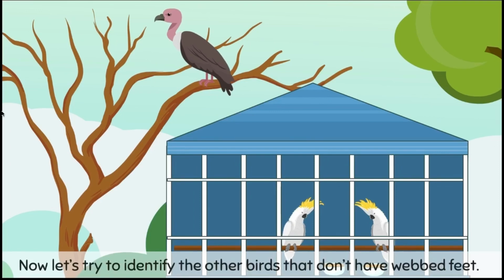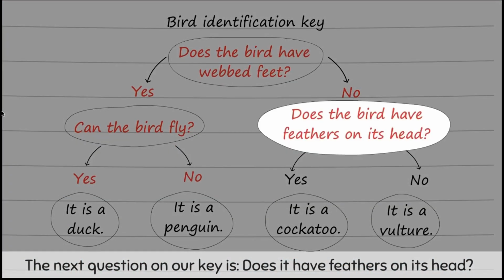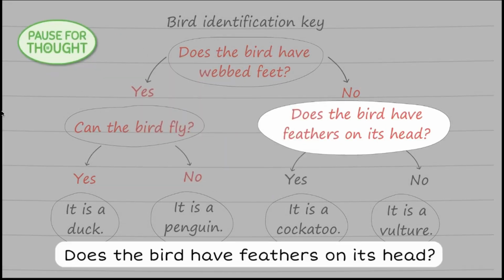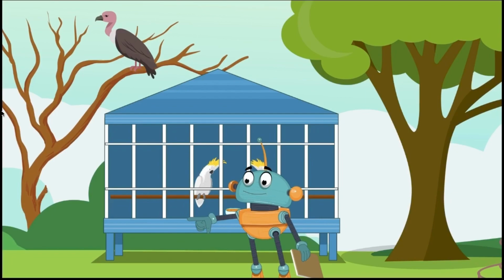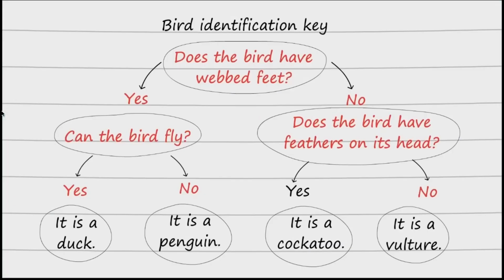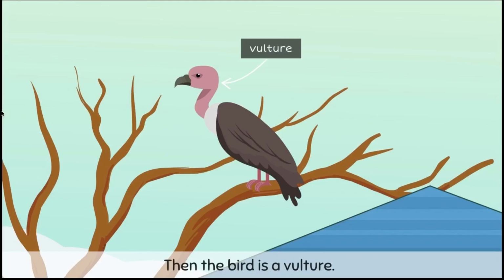Now let's try to identify the other birds that don't have webbed feet. The next question on our key is, does it have feathers on its head? No feathers on the head. Then the bird is a vulture.